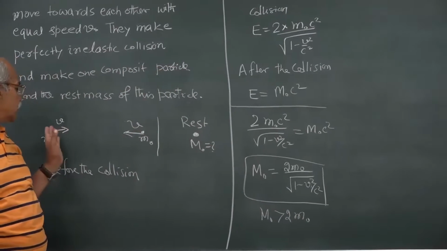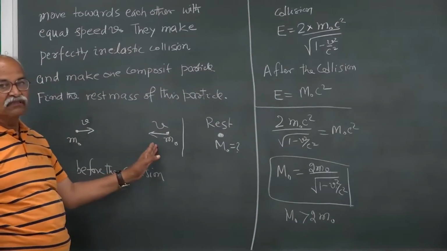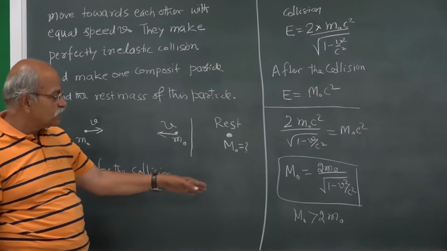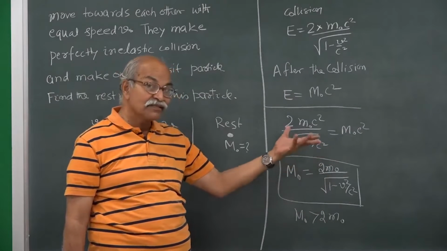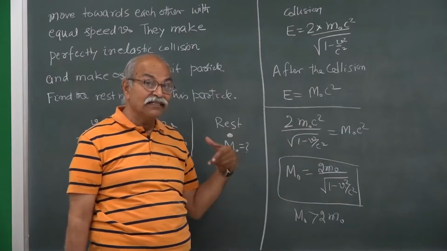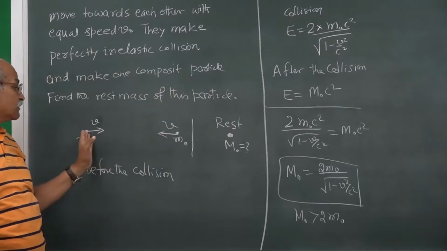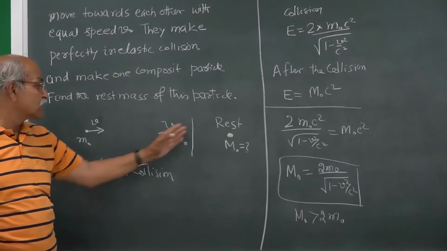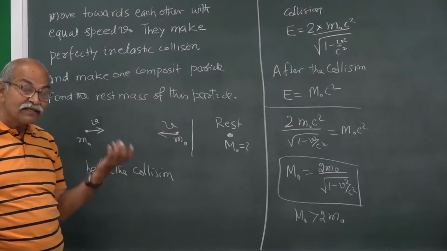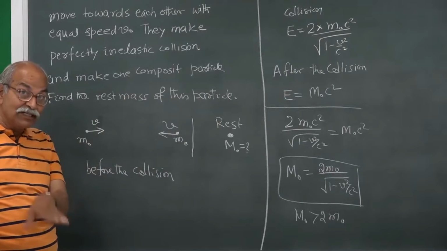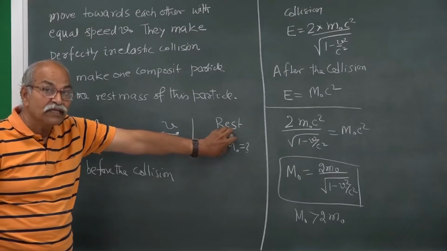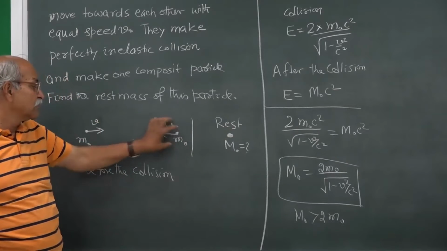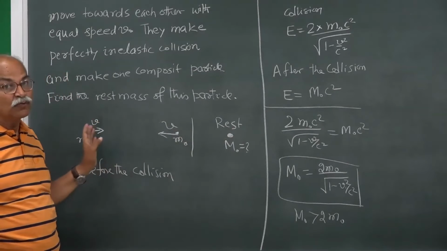Before the collision, the rest mass was 2 m naught. After the collision, it is 2 m naught divided by this quantity, so it is more. So rest mass energy has increased. Whatever kinetic energy was lost because the particles come to rest is converted into rest mass, and the rest mass of this particle is more than the combined rest mass of these two particles.